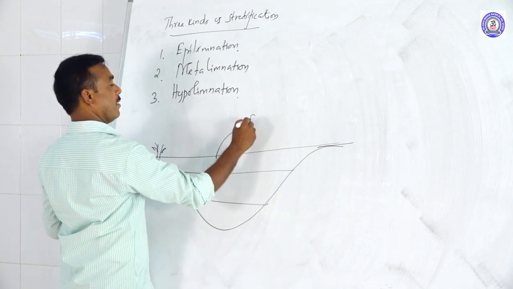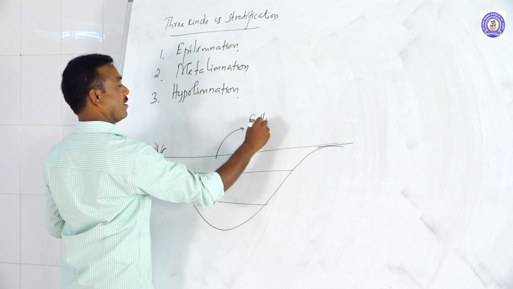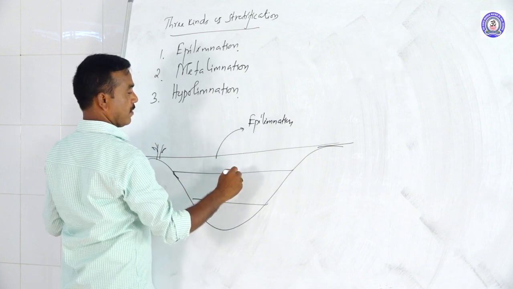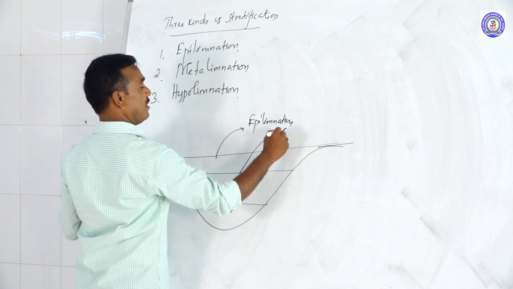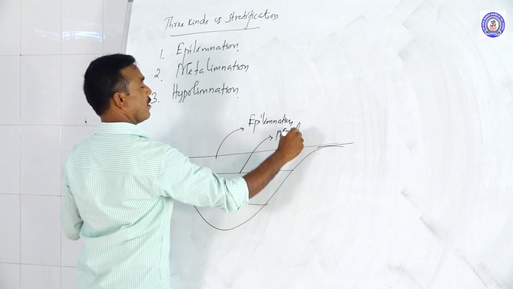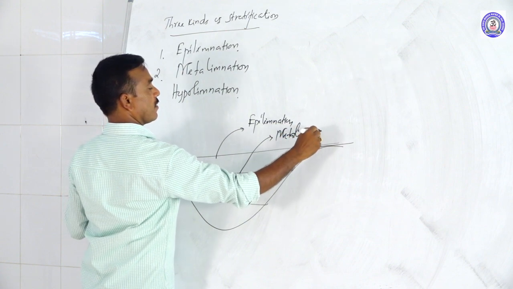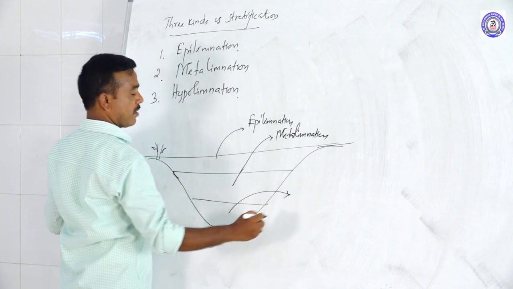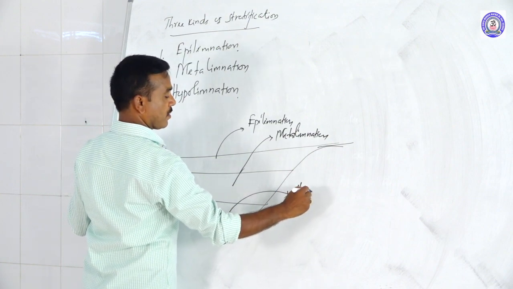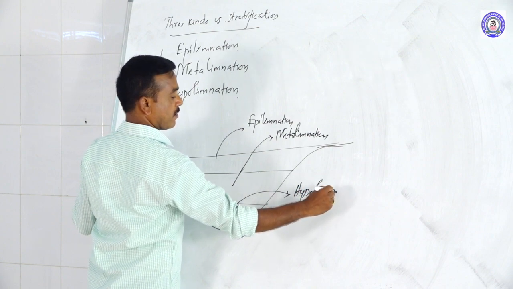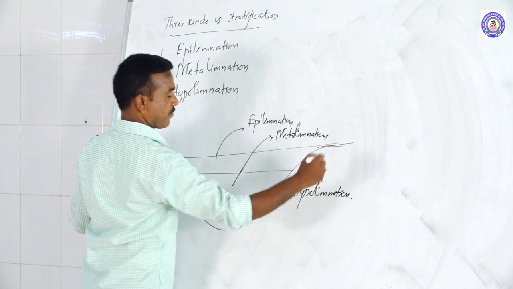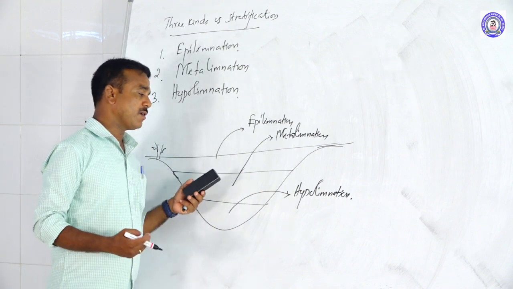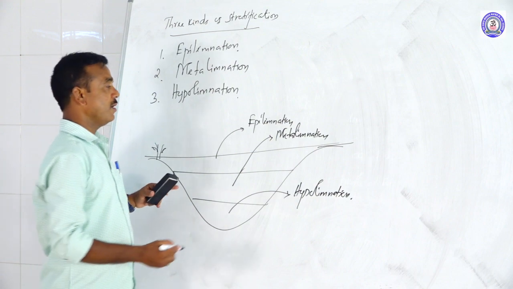These are called epilimnion, metalimnion, and hypolimnion. What are the characteristic features of epilimnion, metalimnion, and hypolimnion?